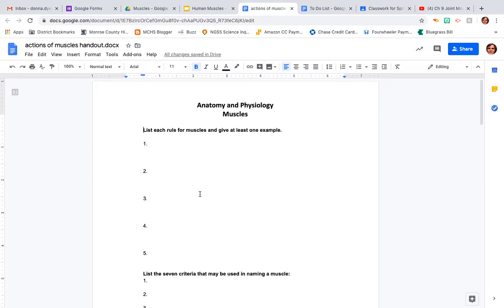So you can actually pick up a paper copy of the PowerPoint. You can pick up a paper copy of this document and any other documents that I'm posting for you. If you are someone who needs paper copies or just wants to have those, you can pick them up at the high school.